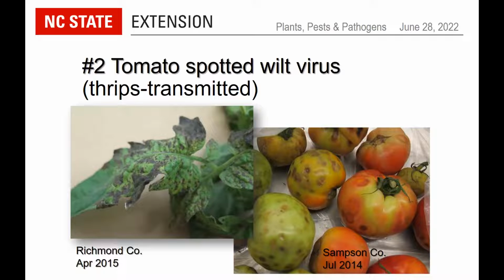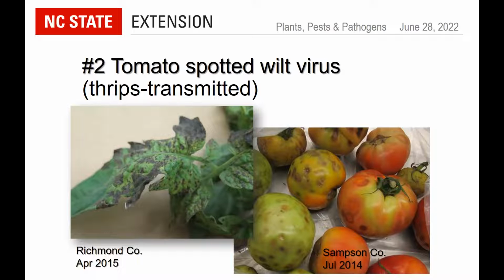And you'll notice that, well, you can't really tell because I've only shown one leaf, I guess, right? But the spotting will be not just on the lower leaves, but you'll see it on the new growth as well. And that's an important clue that you don't have septoria leaf spot, but that you do have tomato spotted wilt virus, since septoria will not show up on those youngest leaves. And I'll talk about that a little bit later as well.